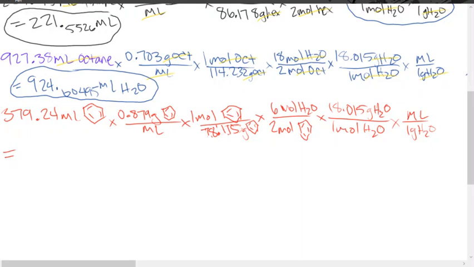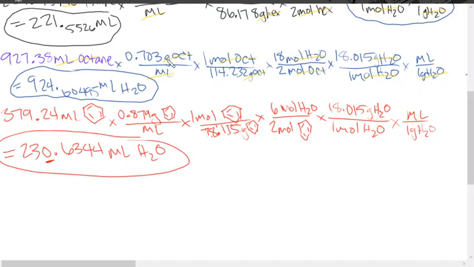And then times 18.015. And then times 1, you don't really need to do that. But that gives you 230.6344 milliliters of H2O. This is our last significant figure.